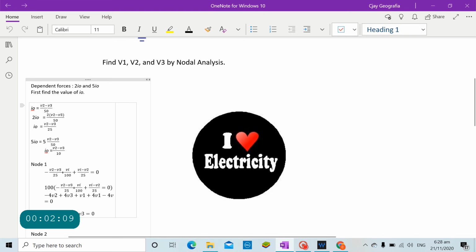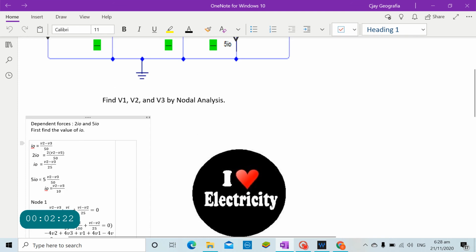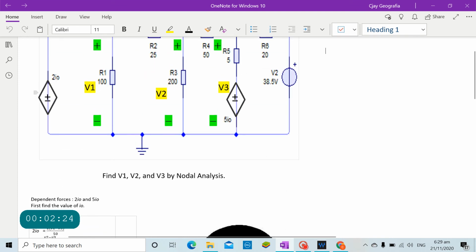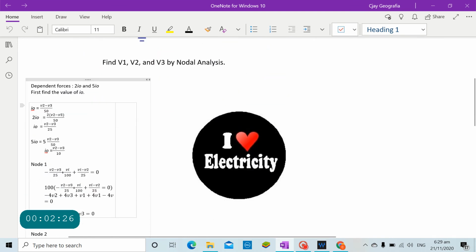IO is equal to V2 minus V3 over 50, because according to Ohm's law, I is equal to V over R. This is our I, this is our V, and this is our R. So V2 minus V3 over 50. We put 2 here from the given diagram and multiply, so it is 2V2 minus 2V3 over 50.